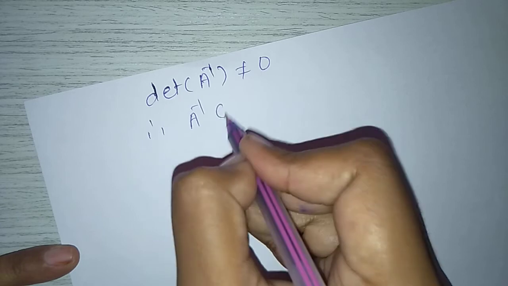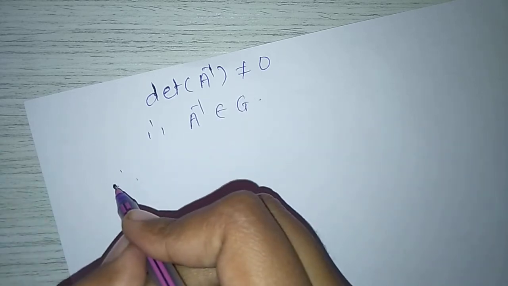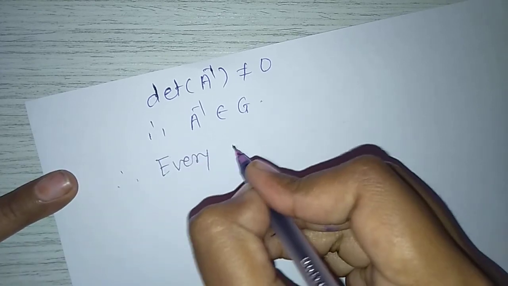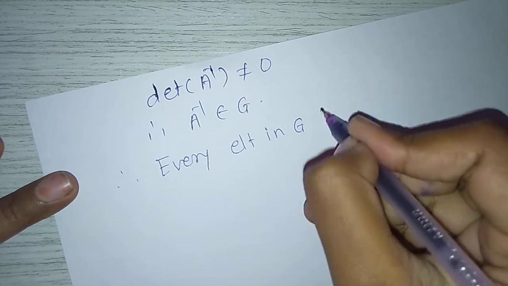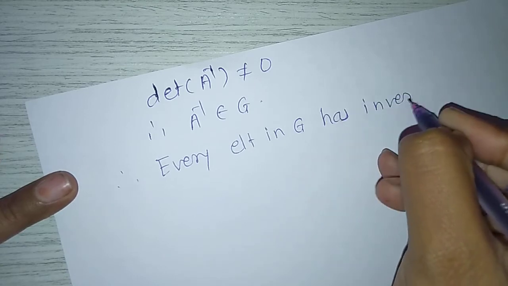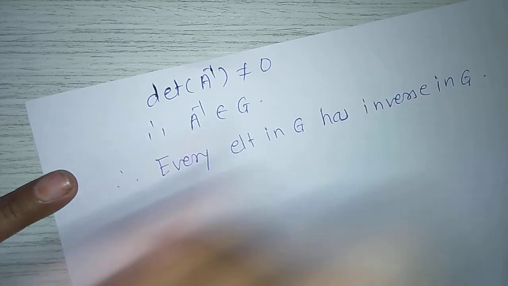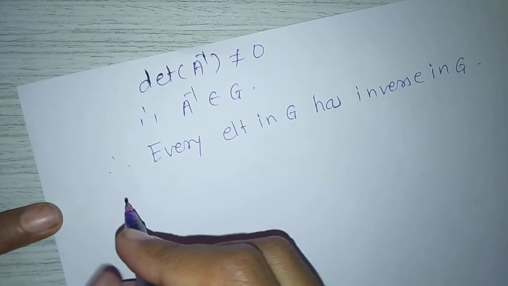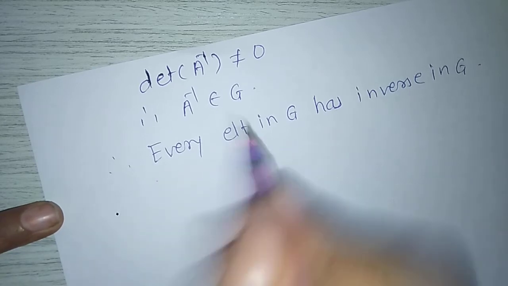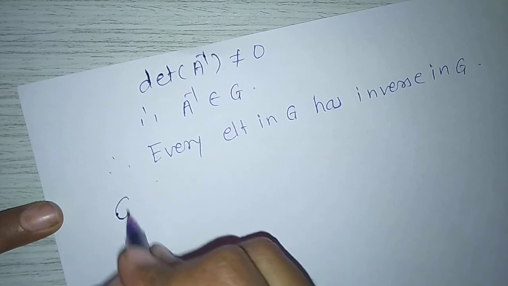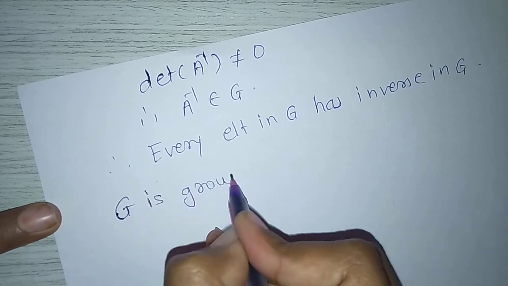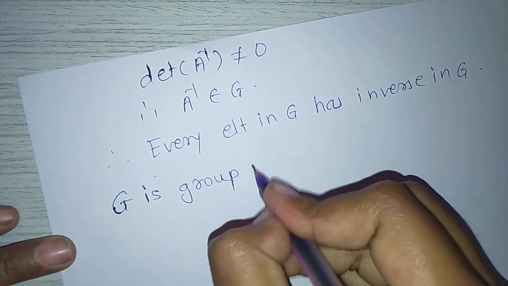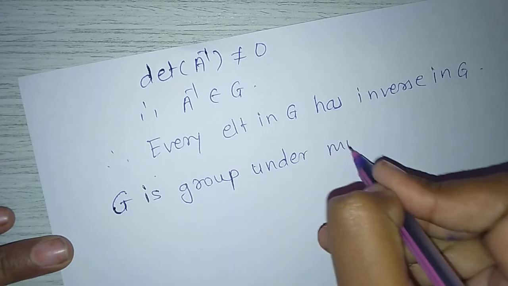Therefore, A inverse belongs to G. Therefore, every element in G has an inverse in G. Now, to show that G is abelian or not, first we write G is a group because G satisfies all the properties of a group. G is a group under multiplication.